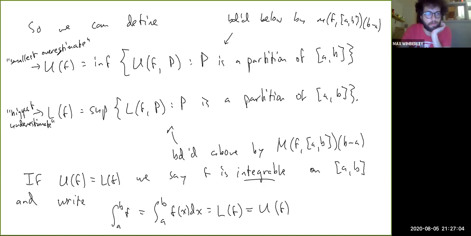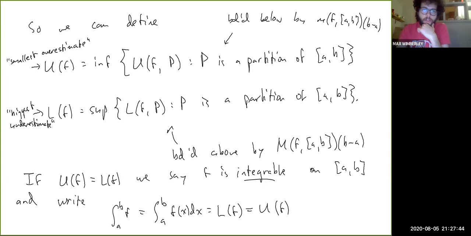If by making the partition really, really fine, you can get the overestimate and the underestimate to be really close to each other, then the integral exists, and it's just whatever value they tend towards. If you can't, then there's a gap between them, and so there isn't a well-defined value of the integral, because you don't know whether to choose the overestimate or the underestimate, since there's no value in between that they commonly tend towards.